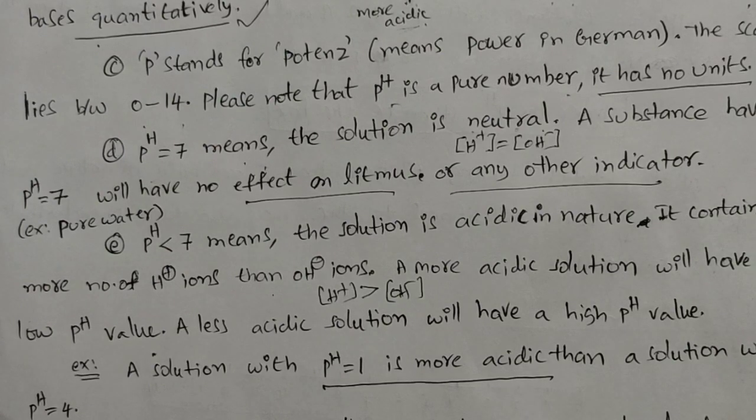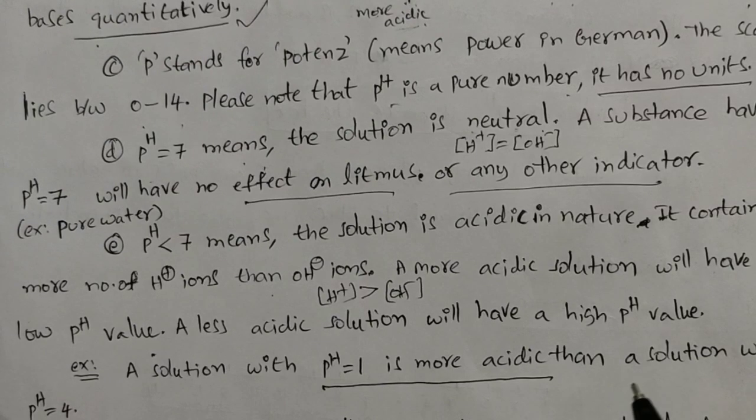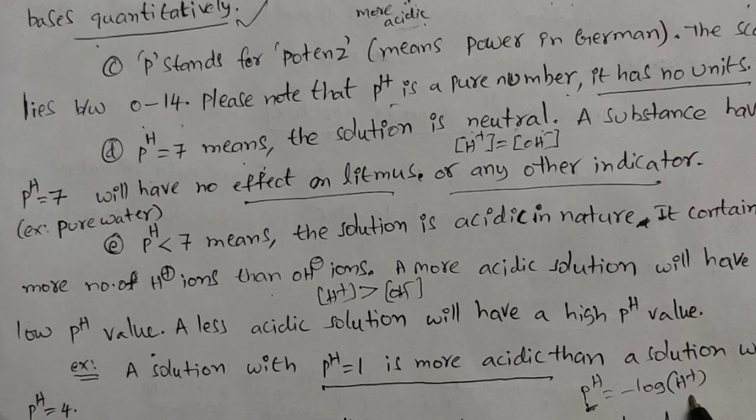Why does this happen? Actually the formula of pH is not mentioned in our syllabus. But if you look at the formula, pH equals minus logarithm of H plus ion concentration. pH equals minus log of H plus. So the relationship between pH and concentration of H plus is negative log.